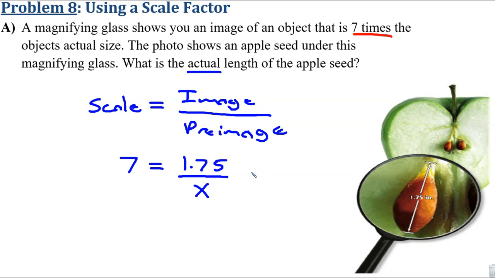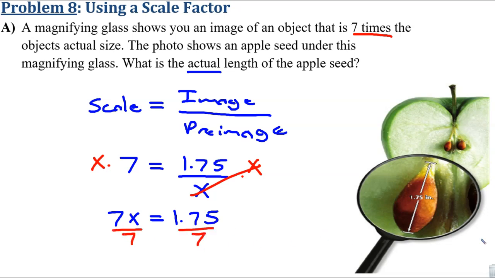Okay, so I have a simple equation here I can solve. Kind of like solving a two-step equation. We'll multiply both sides of the equation by x to cancel out the fraction here. So in other words, I have 7x is equal to 1.75. And then divide both sides of the equation by 7 to give us x equals 0.25.